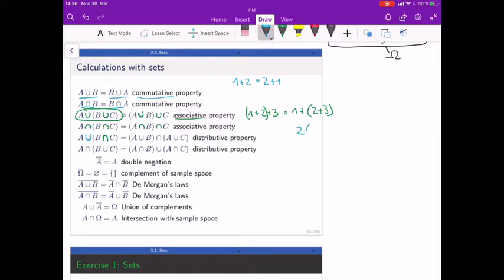If I write 2 times 3 plus 4, then it's kind of obvious that this is 2 times 3 plus 2 times 4. Yeah. Same here, I can write A union B, and then here comes the intersection symbol, and then again A union C.